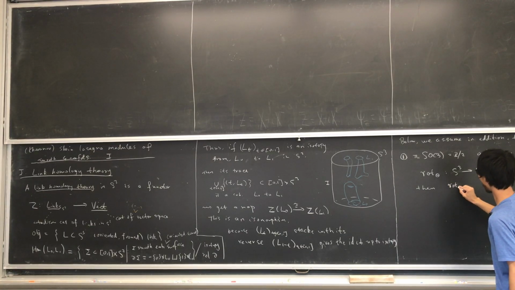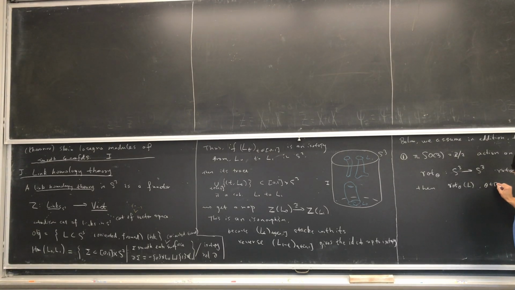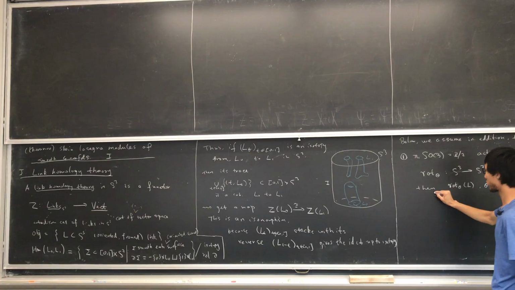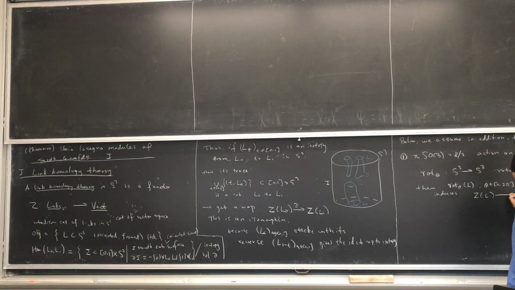Then rotation theta of L, theta from 0 to 2 pi, gives an isotopy from L to itself just by rotating it 360 degrees. This induces the identity map ZL to ZL.